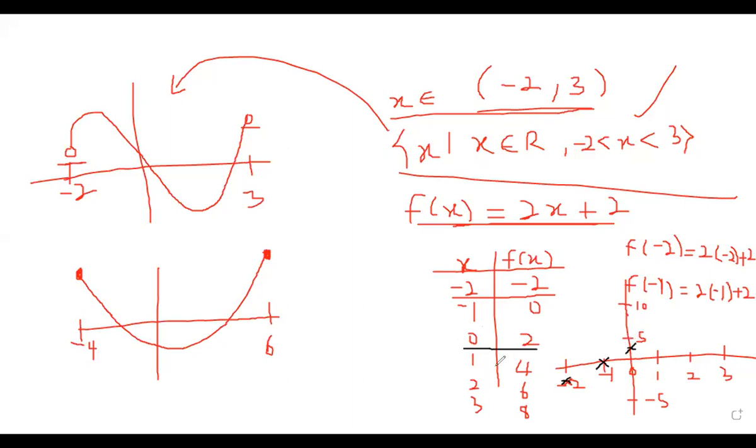Then x is 1, y is 4, so (1, 4) will be somewhere here. And then x is 2, y is 6. Please follow attentively. Then (3, 8) will be somewhere here. And then after that, this is the function. It's going to be a straight line.